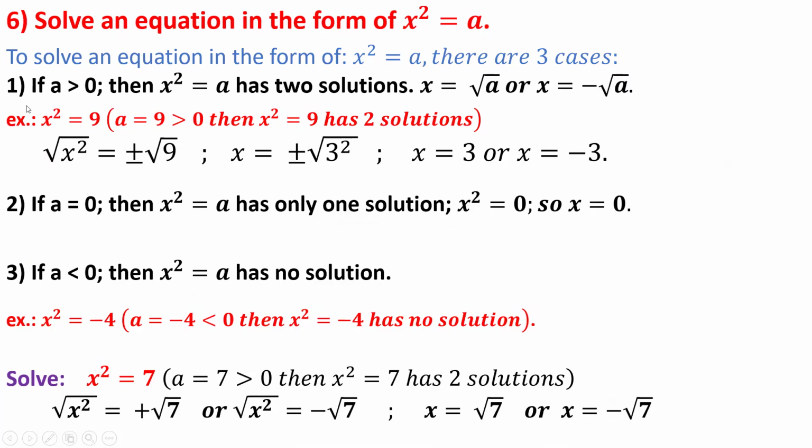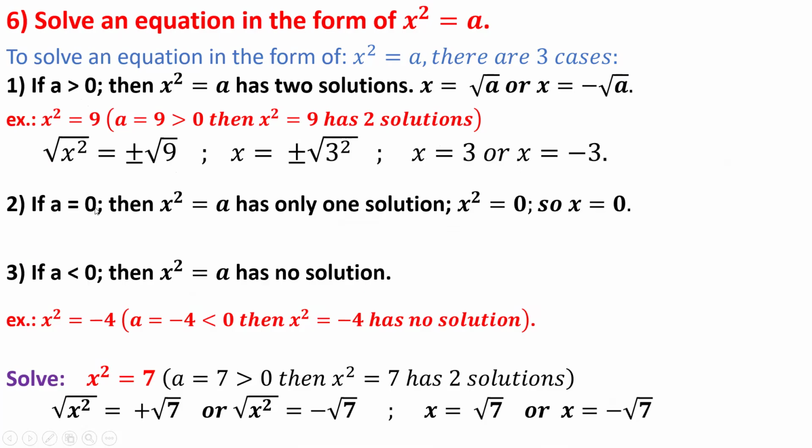I make square root of both sides. Radical x squared equal, this has 2 solutions, one positive, one negative, plus or minus radical 9. So this gets out as x and this gets out as a 3. So x equal 3 or x equal minus 3, 2 solutions.